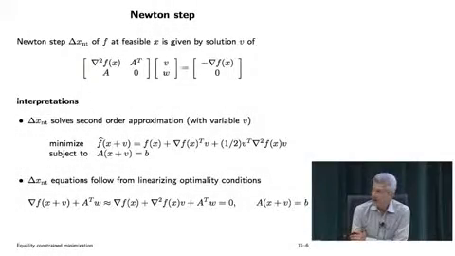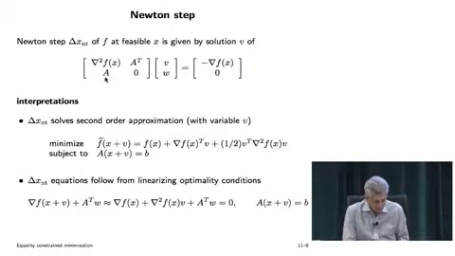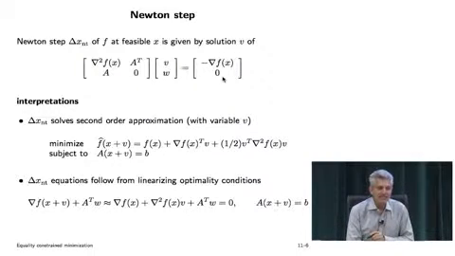Now the Newton step for an equality constrained problem looks like this. You form this 2 by 2 block matrix, you have v and w, and you solve, and on the right-hand side you have the gradient and 0. And look, if you read the second row, this says Av equals 0. That means v is in the null space.